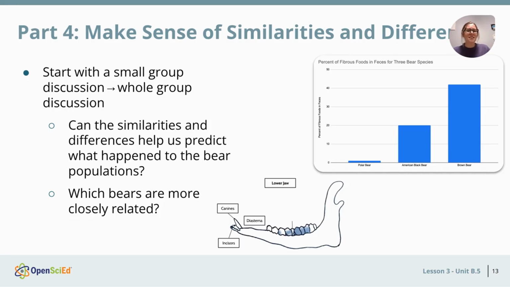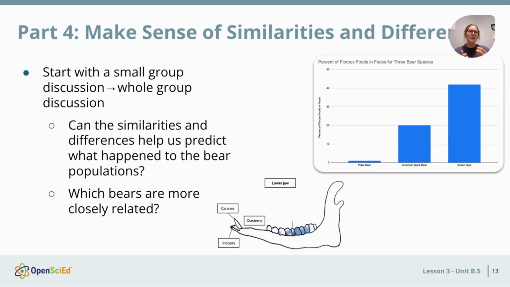Part 4, we're going to make sense of those similarities and those differences. So we'll be starting with a small group discussion and then leading to a whole group discussion about what we figured out from the investigation stations. And some really great questions to help facilitate this discussion: Can the similarities and differences help us predict what happened to the bear populations when we look at their teeth?